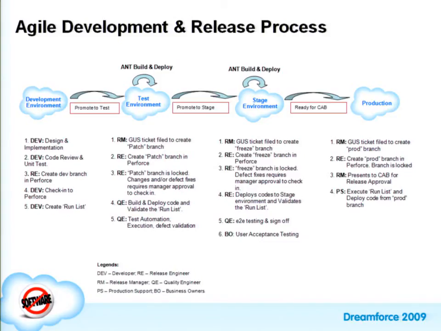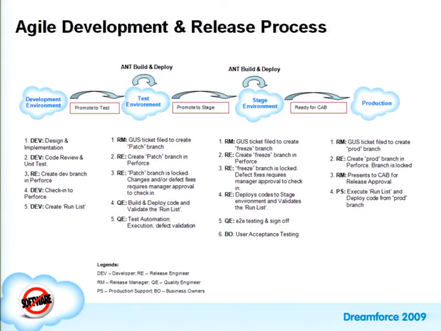At this time, we do not allow any feature changes into the branch at all. It's only the defect fixes that are allowed at this time. QE would do the end-to-end testing, and we do the sign-off, before which I forgot to touch base on this. The release engineer would do the deploy to the stage environment following the run list. So this is the second checkpoint where we validate the run list before we give it to the production support team.